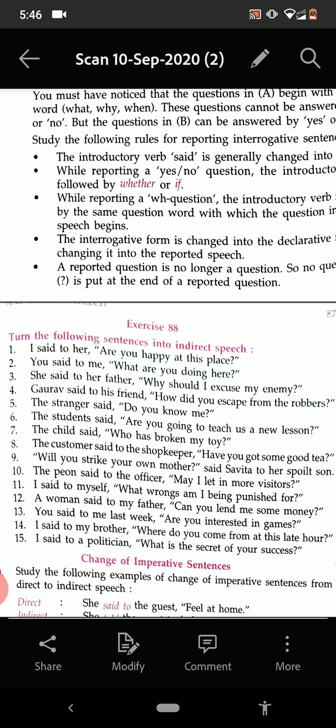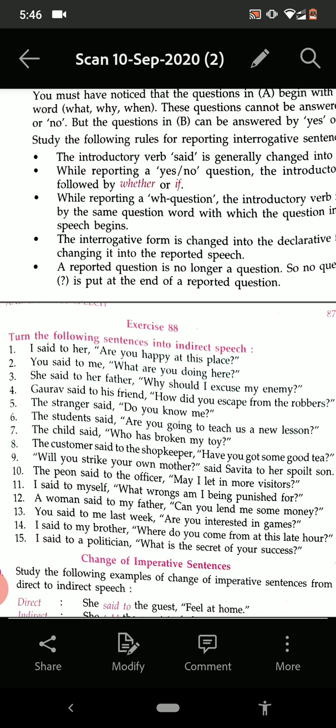I asked her if I was happy at that place. You said to me, "What are you doing here?" You asked me what I was doing there. Okay? I think in this way you can solve these examples.